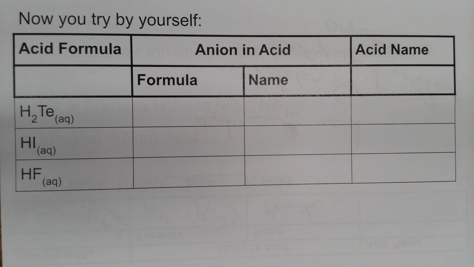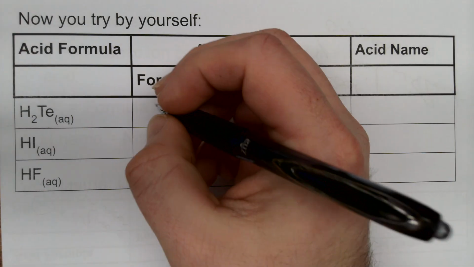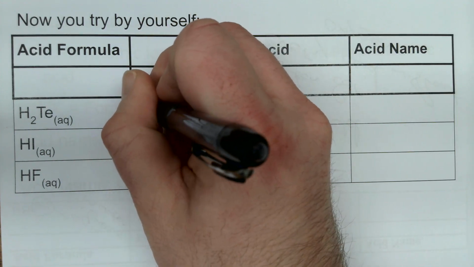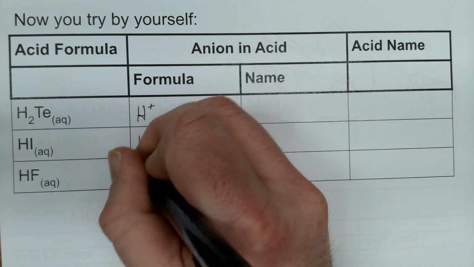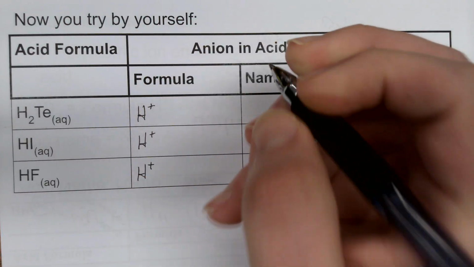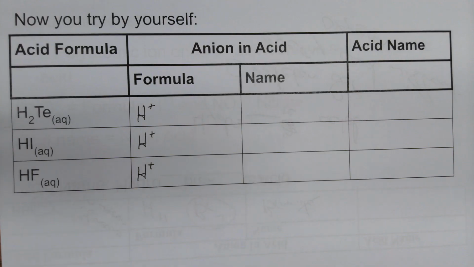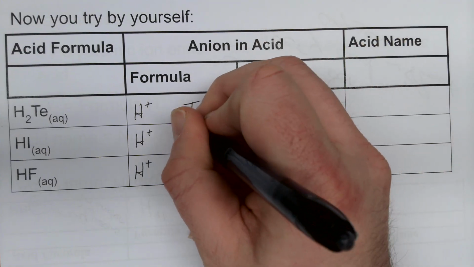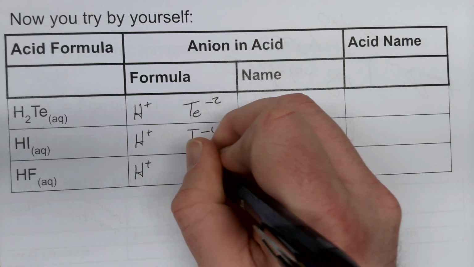All right, ladies and gentlemen, since time is up, let's go ahead and take a look at those three. So my formula, if I break it down, I have hydrogen for each one. My Te, if I'm looking at my periodic table, I minus 1, F minus 1.